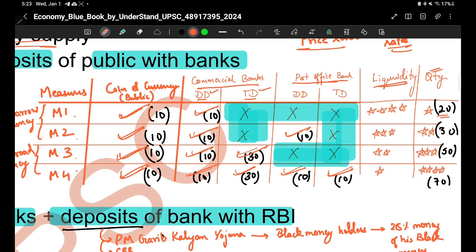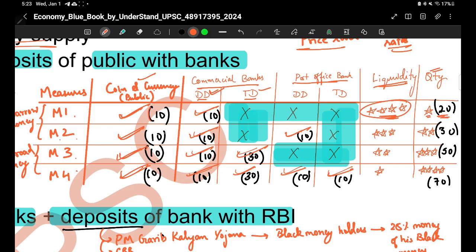Since it is in the demand deposit and coin and currency, which the public is anyway holding, it is extremely liquid. So I'll give you 4 stars for this. M1 is extremely liquid, but quantity is less. People will prefer to keep less money in the hand as well as in the demand deposits because it gives lesser interest. So quantity is lesser.